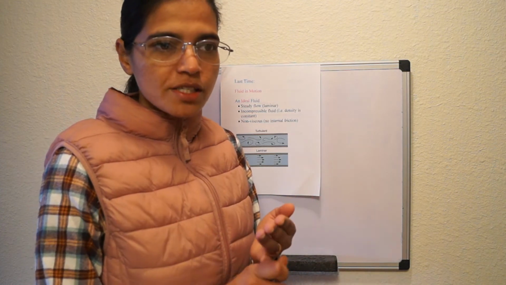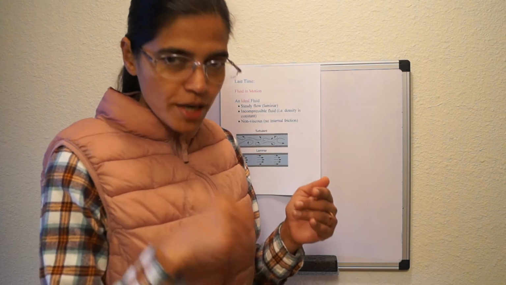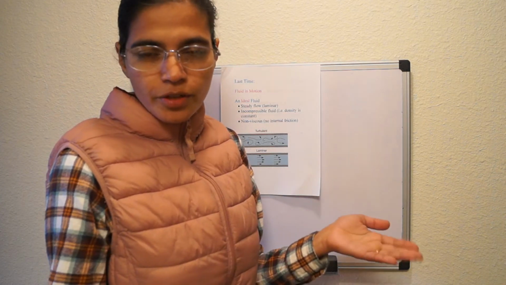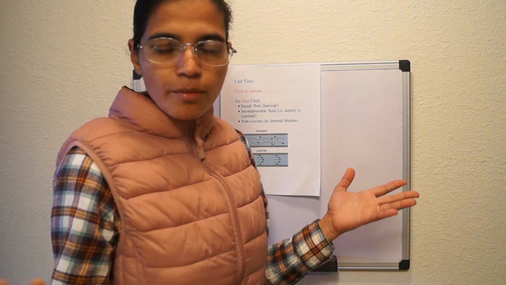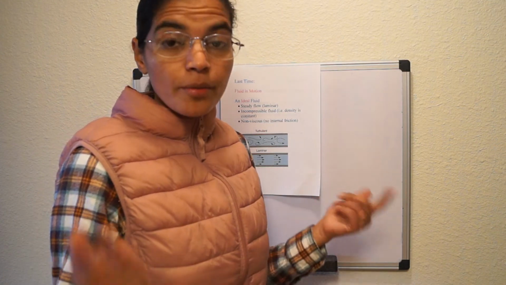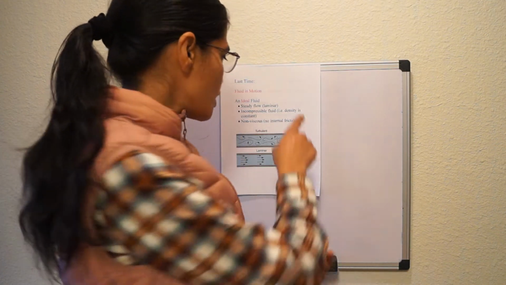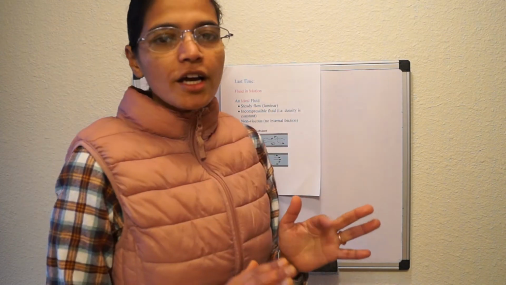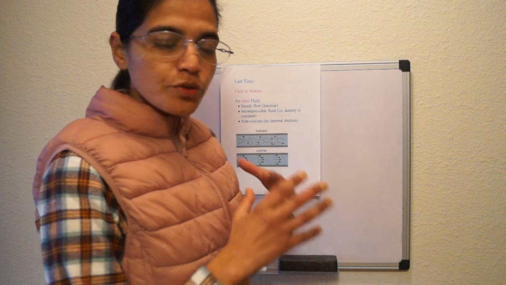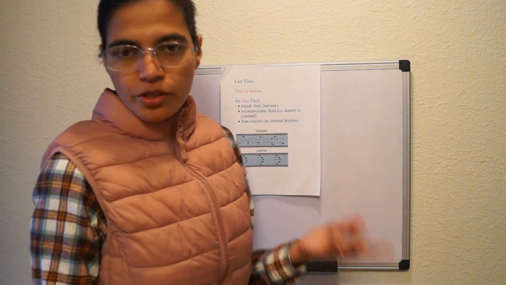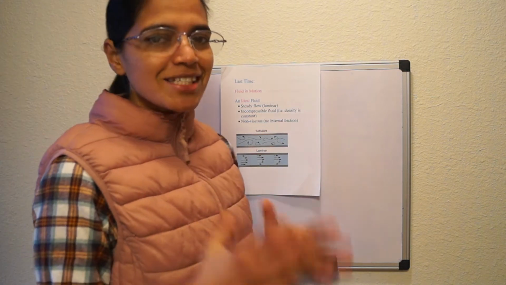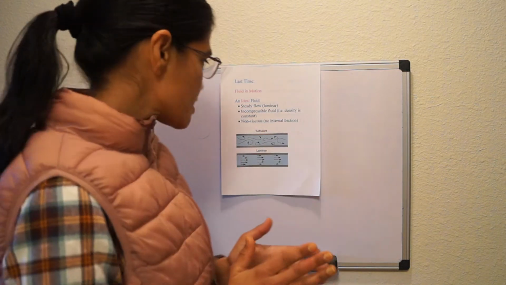For air, however, the volume is different, so for fluid in motion, the ideal fluid is not a very good approximation for air. Okay. So incompressible fluid means the density is constant.